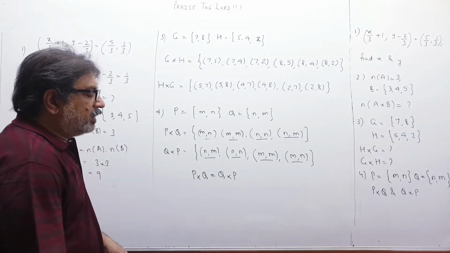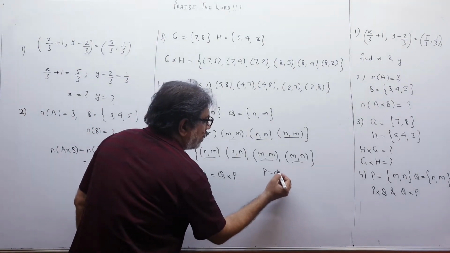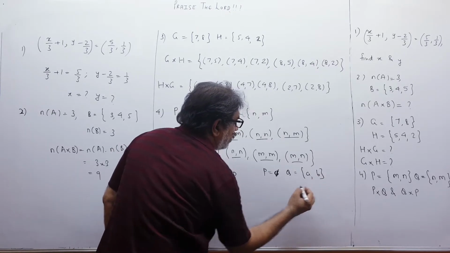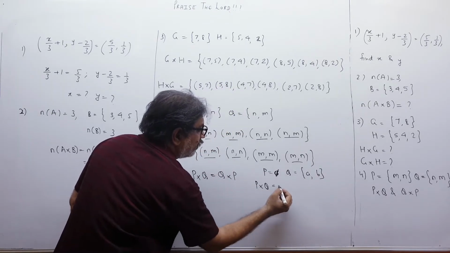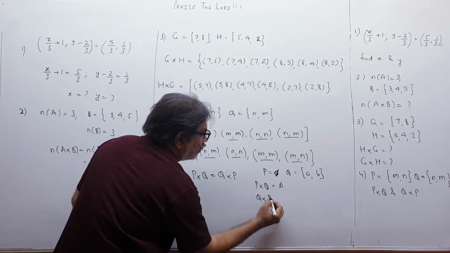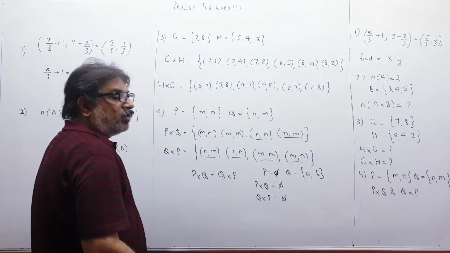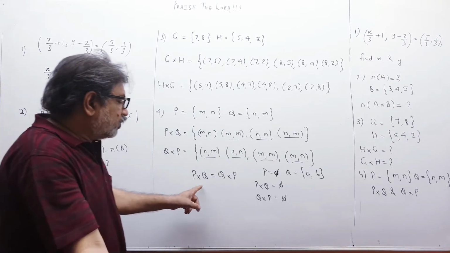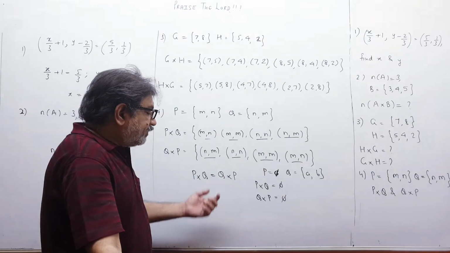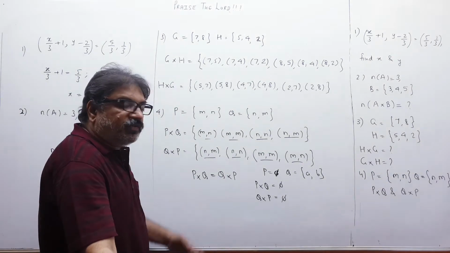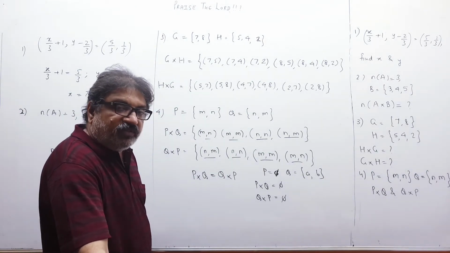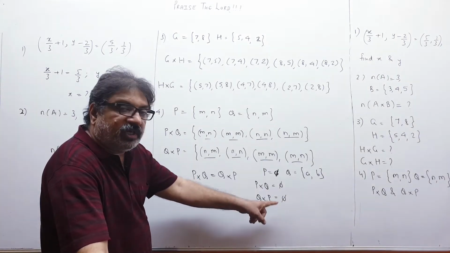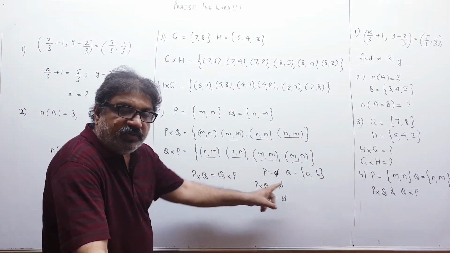That is wrong actually, because if P is a null set and Q is, supposing, {A, B}, what about P cross Q? That will be a null set. What about Q cross P? That will be a null set. But P and Q are not the same. So children, remember a very important point. If P cross Q is Q cross P, and if they are non-empty sets, then yes, we can say P is equal to Q, otherwise no. Because I showed you one example where P cross Q and Q cross P are equal sets, both are null sets, but P and Q are not equal sets.